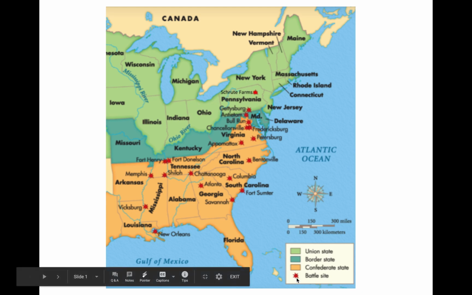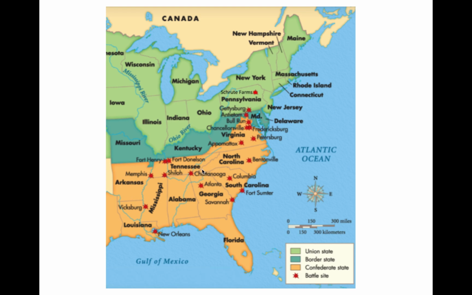Now, if we look at this red symbol right here, wherever we see that is where the battle sites were. And if you notice, almost all of them, except for a couple up here, which I'll get to later in the lesson, pretty much all of them took place in Confederate States.